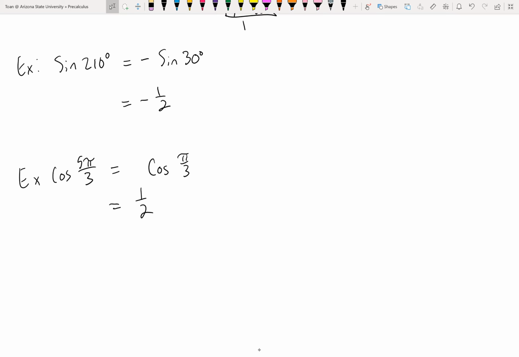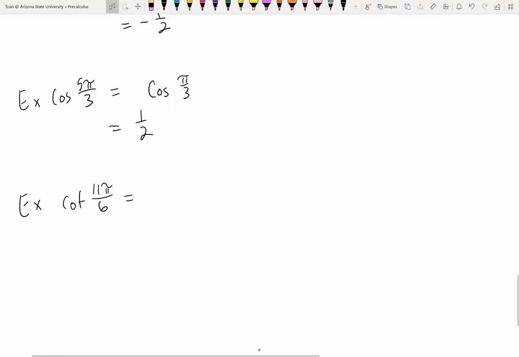Don't get turned off or scared if I give you a reciprocal function, cotangent of 11 pi 6. You go through the same motion. Okay, 11 pi 6 is a big angle, so I'm going to use a reference angle. I know that the reference angle of 11 pi 6 is simply pi 6. So what I'm going to think is tangent of pi 6, and then whatever answer I get, I'm going to reciprocate.